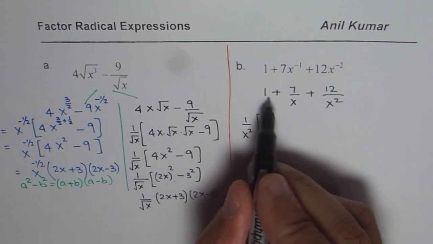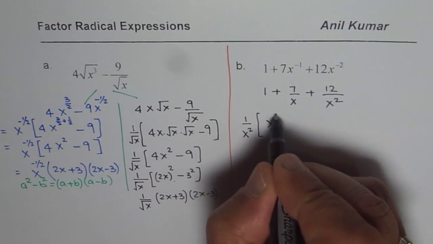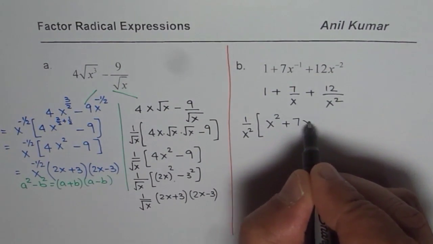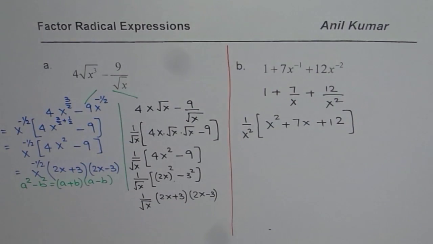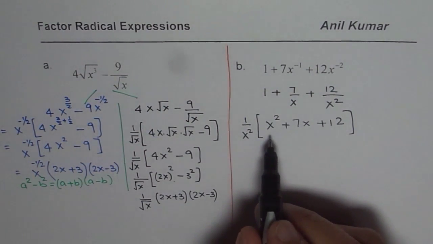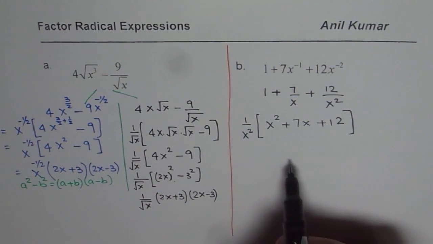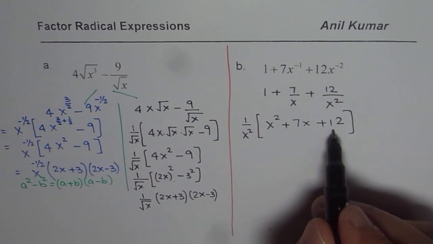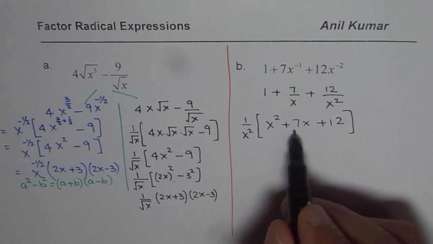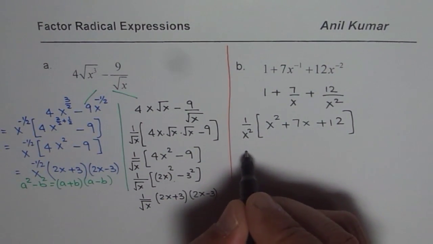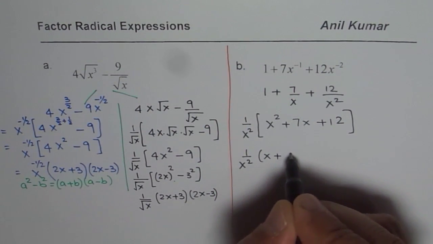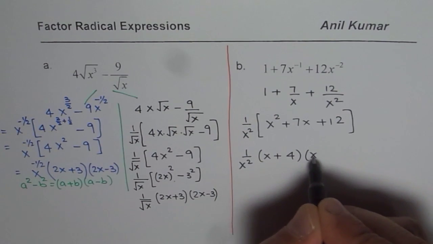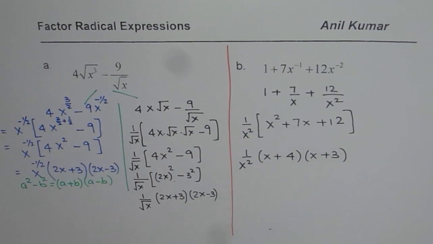I have to multiply everything by x squared. So I get x squared plus 7x plus 12. Now this is a quadratic trinomial, which can be factored. We are looking for two numbers whose product is 12 and sum is 7, 4 times 3. So I could write this as 1 over x squared times x plus 4 times x plus 3, right? So that is the factored form.